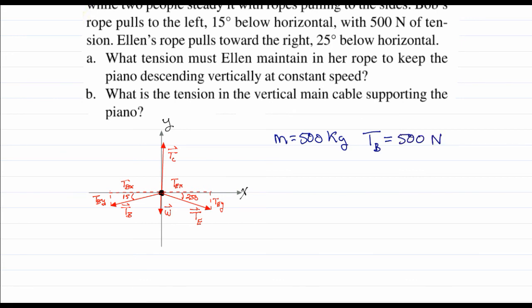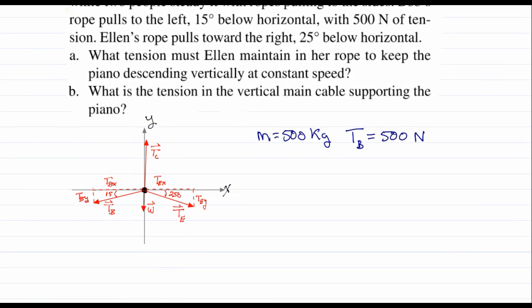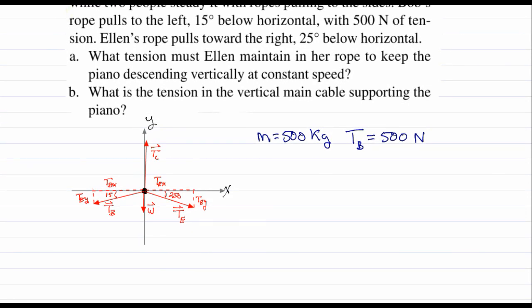Okay. So what I'm going to do now is use Newton's second law. So Newton's second law in component form says the sum of all the x components of my forces should equal mass times acceleration.